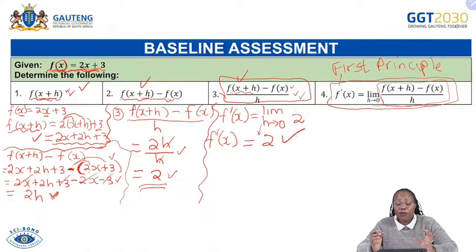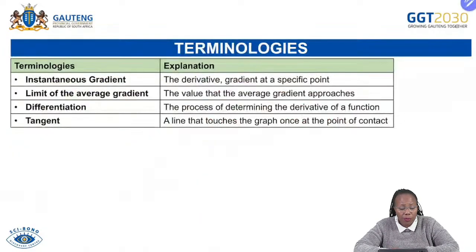Okay, so now if we talk first principle, this is the combination of this method from number 1 up to number 4. I hope it is clear to everyone now, grade 12, and that you really made it up to this point where we have to end up with the first principle. And then now the terminologies that we'll be talking about in this topic: we are talking about the instantaneous gradient.